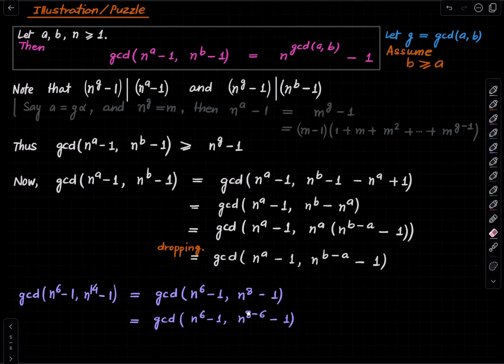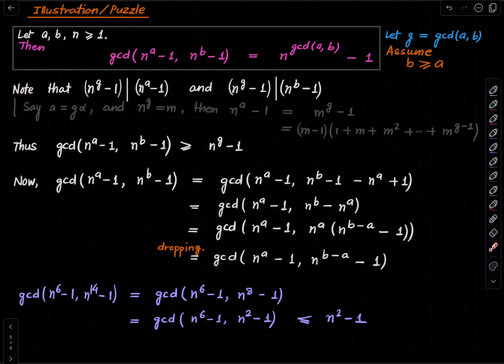Which is nothing but n square minus 1, which is at most n square minus 1, right? Because this number is appearing here, and the GCD of two numbers cannot be bigger than any of the participating numbers. So we have that the GCD of these two numbers is at most n square minus 1, but the other inequality is anyway clear, as already argued in this step.